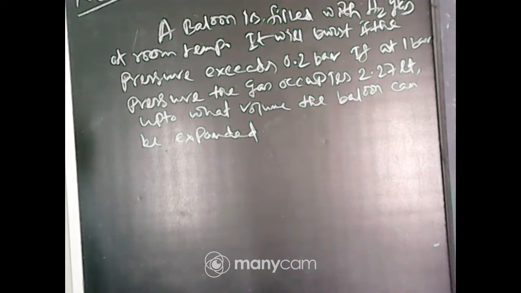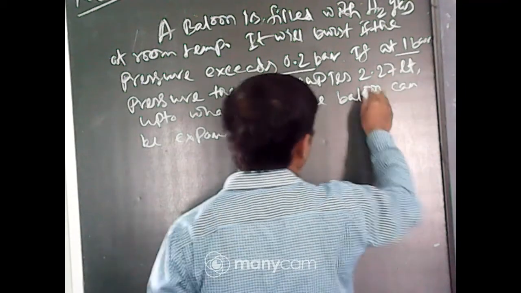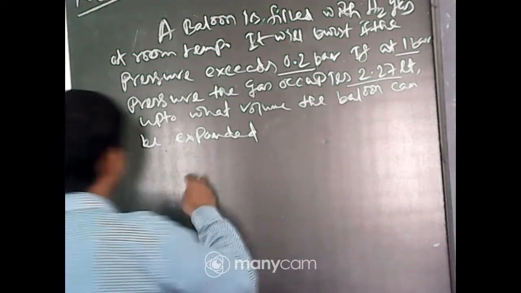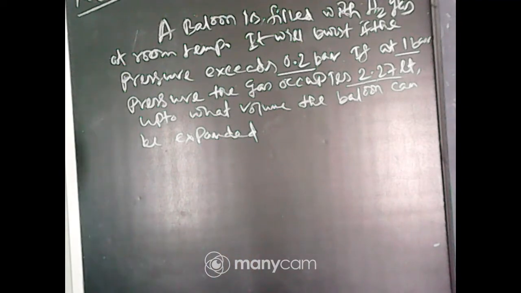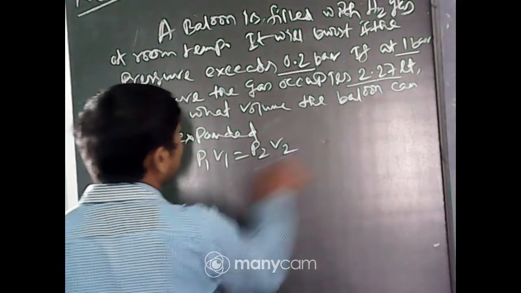So, these are the data given. Now, according to Boyle's law, P1 V1 equals P2 V2, we know about it. So, what would be the volume V2?